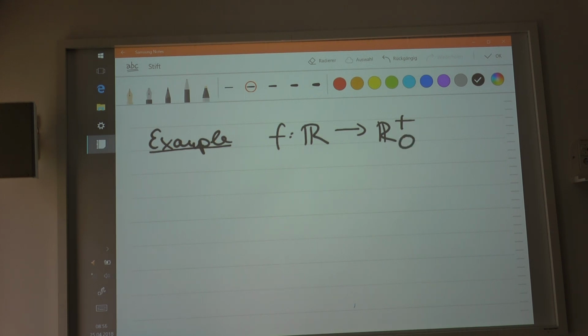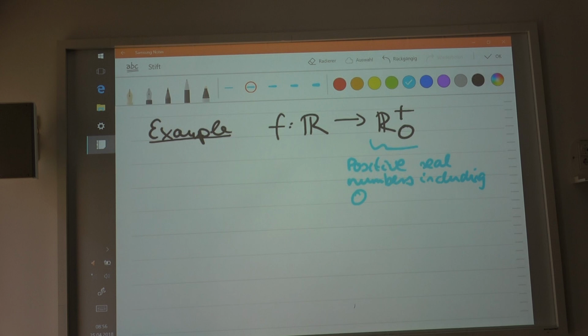I hope you are familiar with this notation.